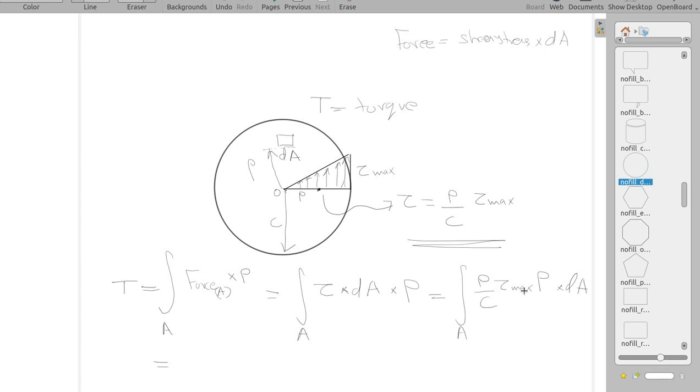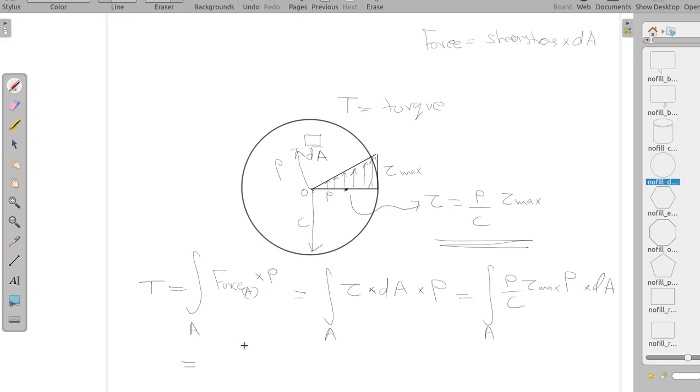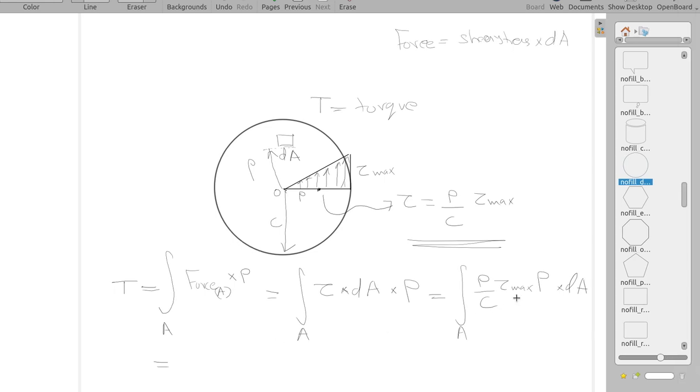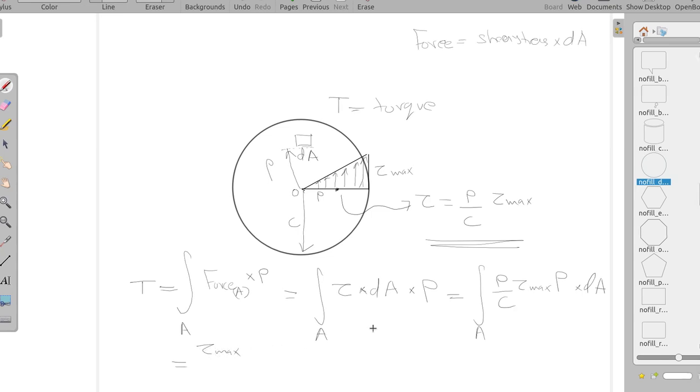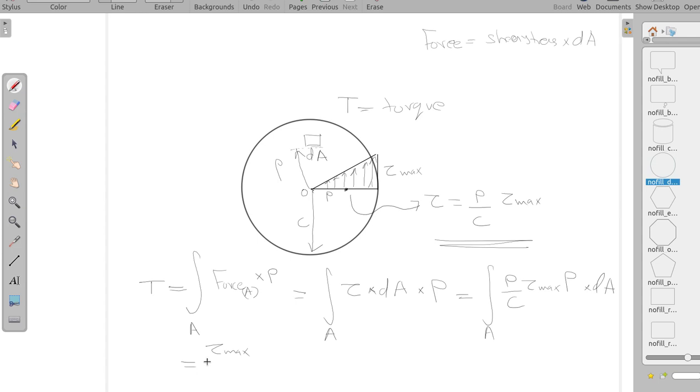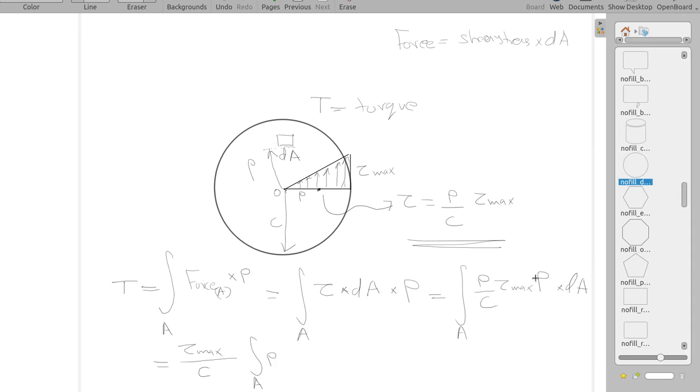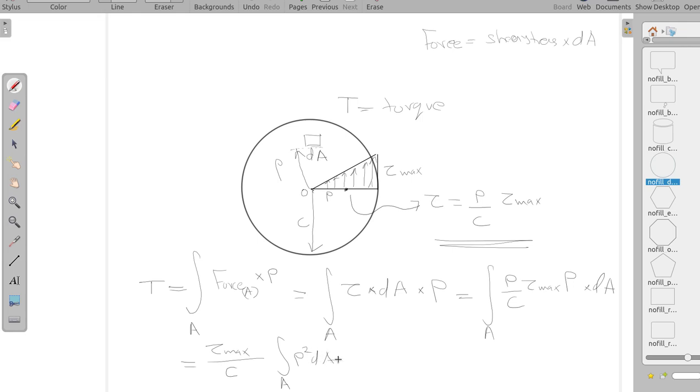We can take out tau max, which is a constant here. C is the radius of the circular member, it can be taken out. Inside what remains? Rho into rho square dA. So integral rho square dA throughout the area will be the term remaining here.